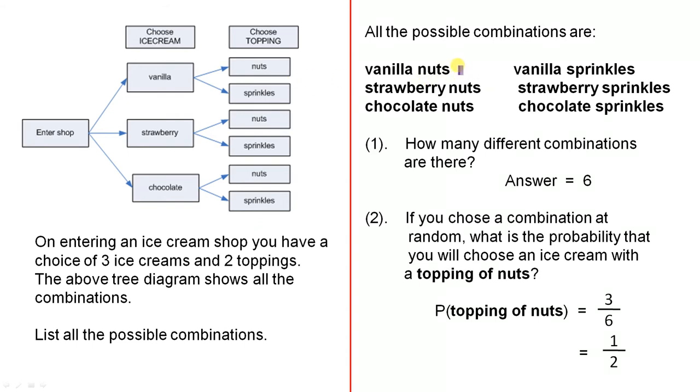So there's one there, and there. So that's 3 occasions where we have nuts. So the probability of having a topping of nuts is 3 over 6, because there are 6 possibilities, but only 3 of them contain nuts. That can be simplified to a half.